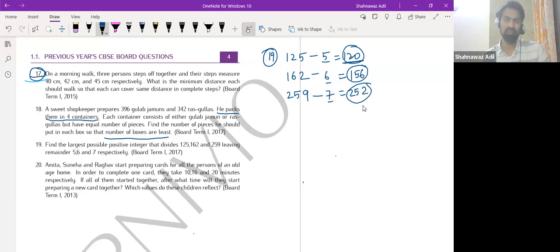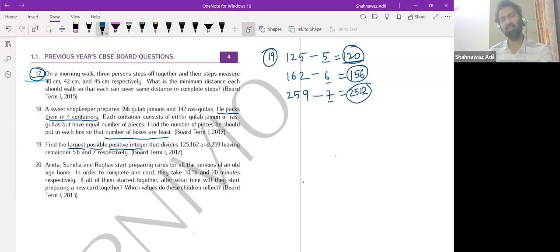So that number would be a smaller number, let's say 6, or let's say 3. So 3 divides all these three numbers, but we have to find out the highest number which divides these three. So we have to find the largest possible integer which divides all these three.